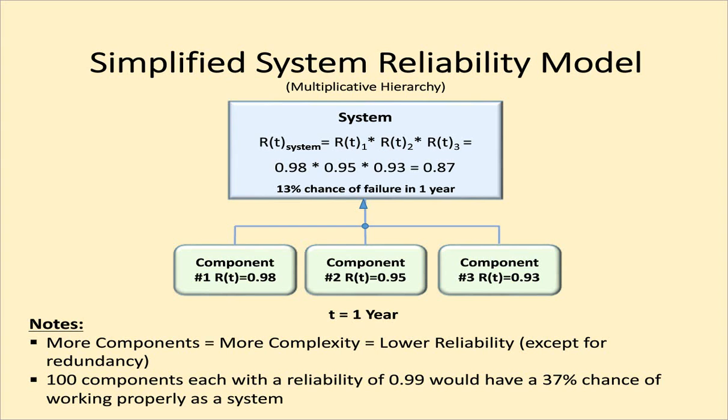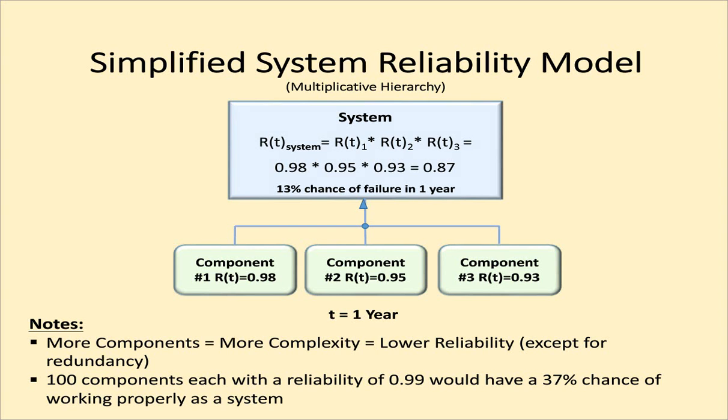To calculate the system level reliability that those components feed, you multiply the reliability levels together, so it would be 0.98 times 0.95 times 0.93, and that's equal to 0.87, or an 87% chance of operating properly for 1 year. So a 13% chance of failure in 1 year isn't particularly good, but this is just an example.